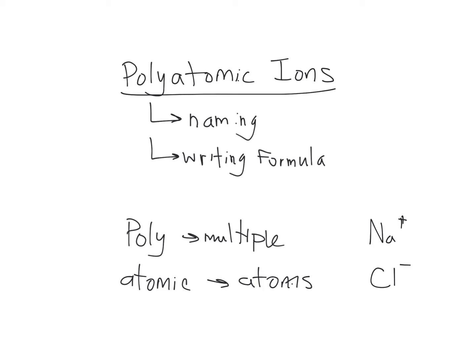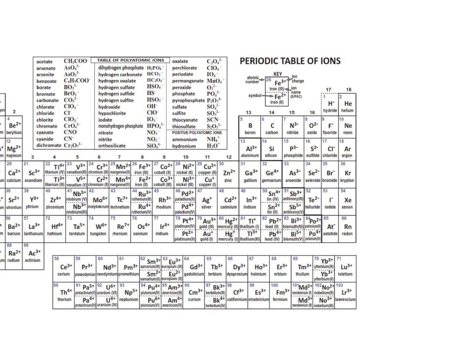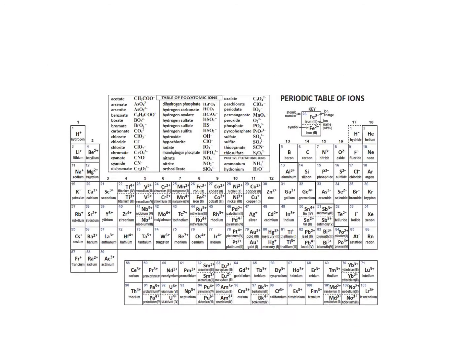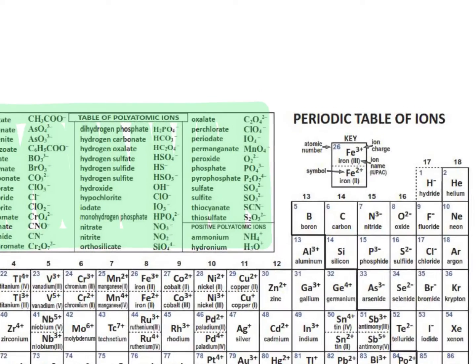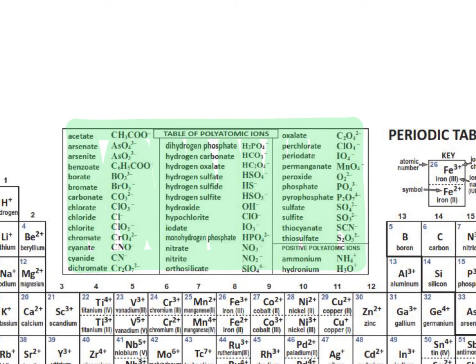So if we scroll on up to check out our handy dandy table of ions, you will see this table up here. This table shows us our table of polyatomic ions. And what you will notice if we zoom in is that there are multiple different elements involved in each ion.